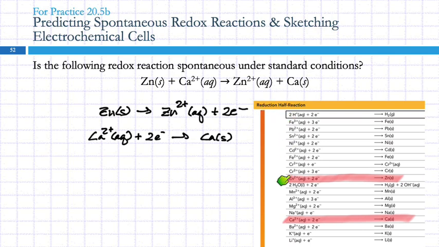So the one that is higher gets to walk forwards, and the one that's lower has to walk backwards. So that says that we're going to reverse this in a spontaneous reaction. We have the opposite here. Is it spontaneous? No.